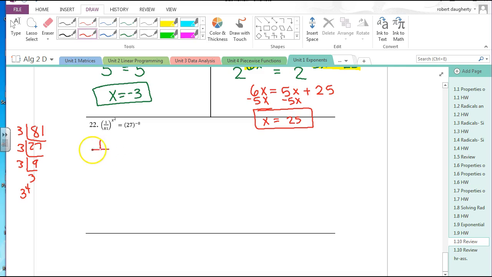So this is 1 over 3 to the 4th, x squared equals 3 cubed to the -8.